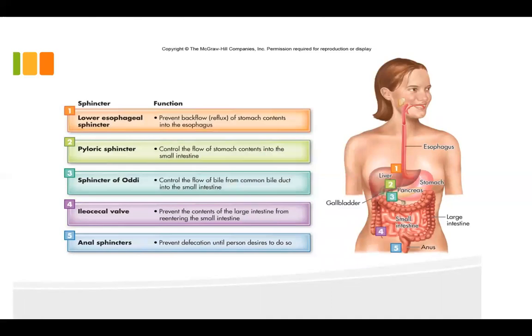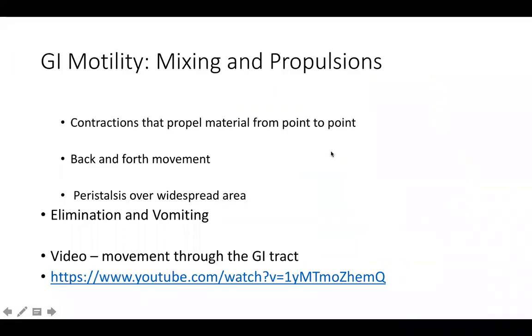This connects the small intestine to the large intestine and prevents contents from the large intestine from going into the small intestine. The large intestine is very bacteria rich, and it would be potentially harmful if some of those bacteria ended up in the small intestine. Okay, so these are some of the sphincters.